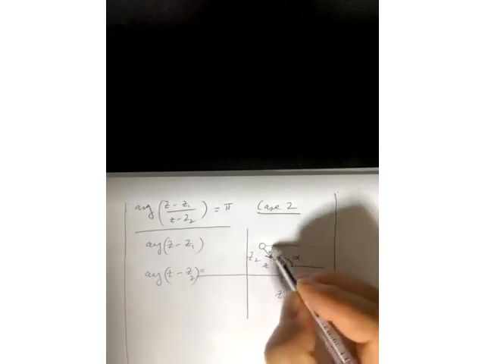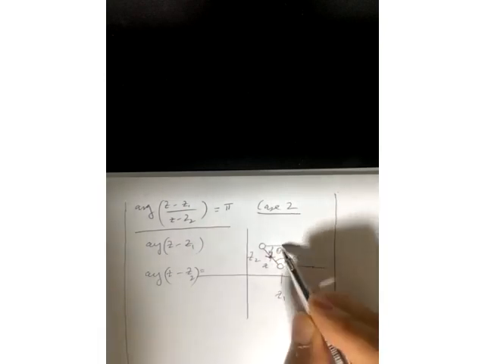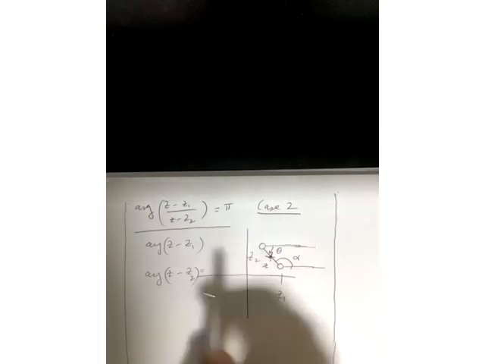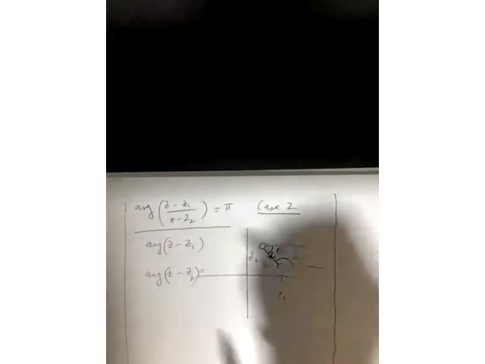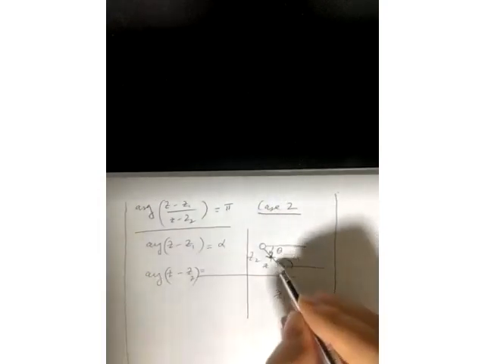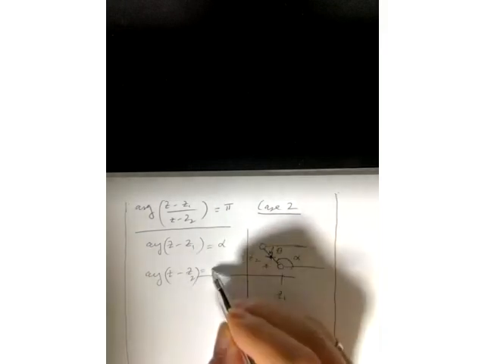But let me label the size of that as theta, and that theta is positive. I'm just saying the size of that. So by definition, arc of z minus z1 is alpha. This is positive. But arc of z minus z2 is negative theta.